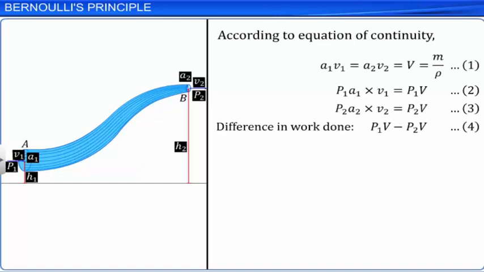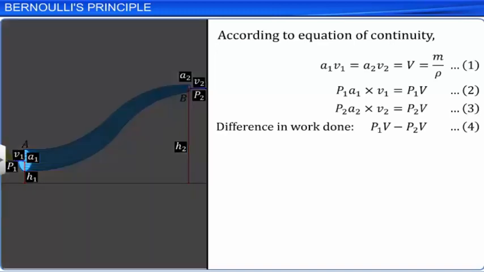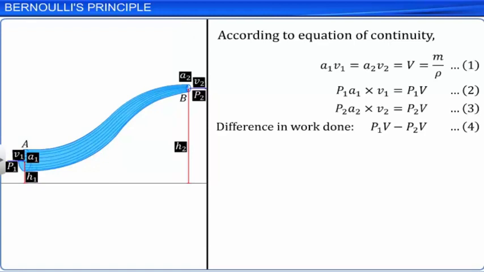As the liquid element moves from A to B, the velocity of the element increases from V1 to V2 and the height increases from H1 to H2. Thus, the increase in potential energy of the fluid element per second from A to B is expressed as mgh2 minus mgh1. Let this be equation 5.